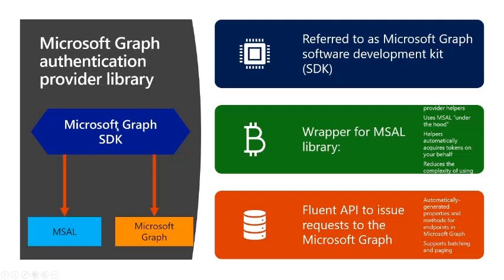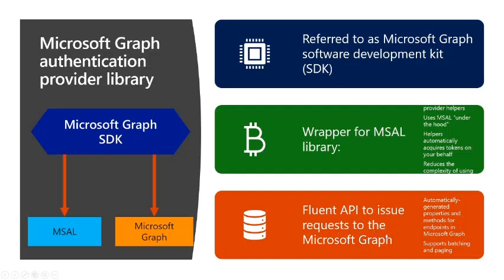So you have this Microsoft SDK which you can use to perform all these operations using MSAL, Microsoft Graph, which is referred to as the Microsoft Graph Software Development Kit (SDK), which is a wrapper on top of MSAL, and also it has a Fluent API to issue requests to Microsoft Graph.